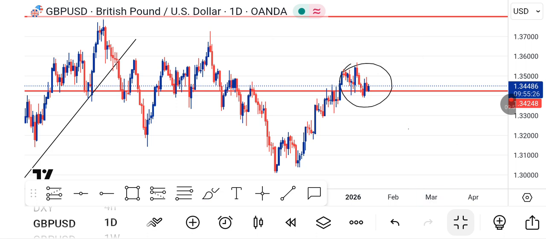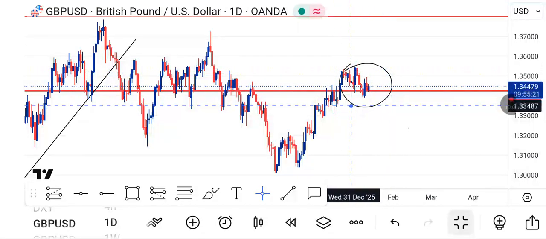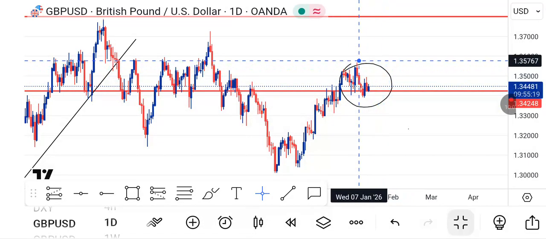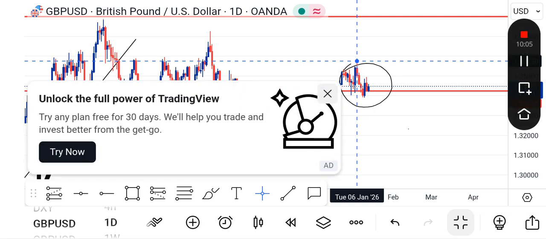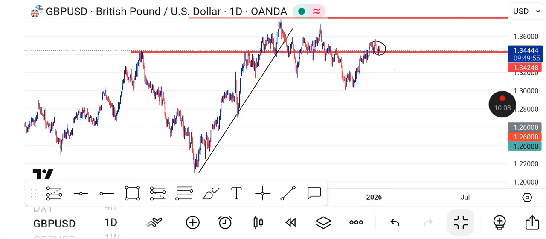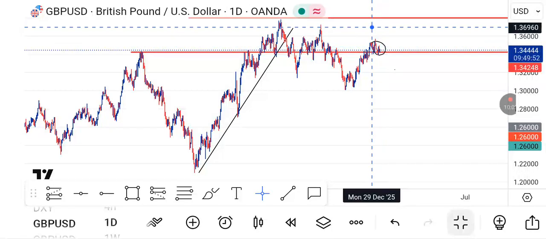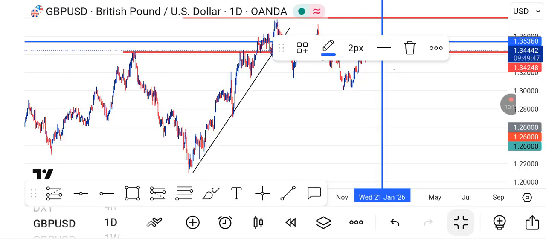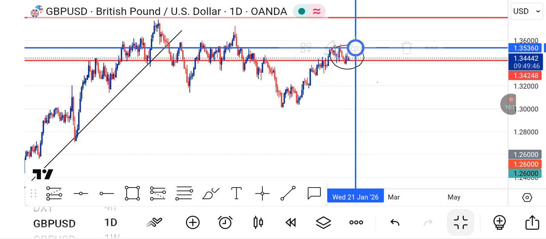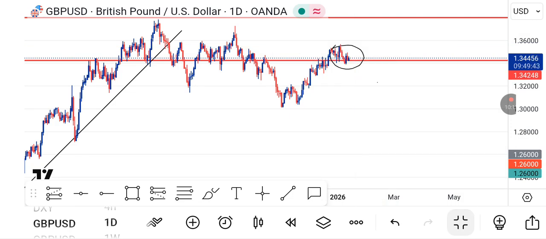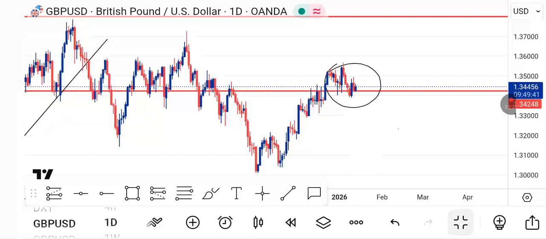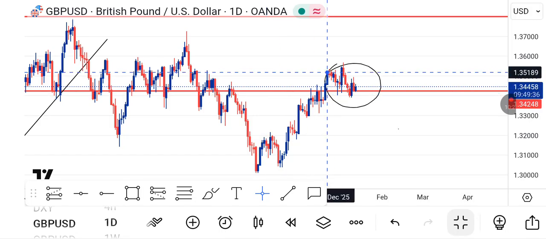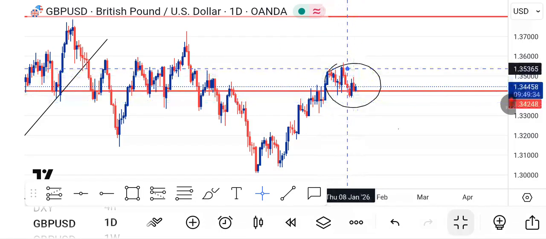This is the current market right now on pounds USD. You can see this is what is really happening on pounds USD. There's no movement. It's not really trending. This is what is really happening.